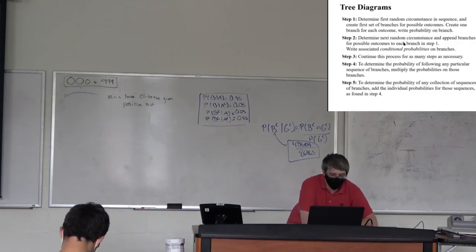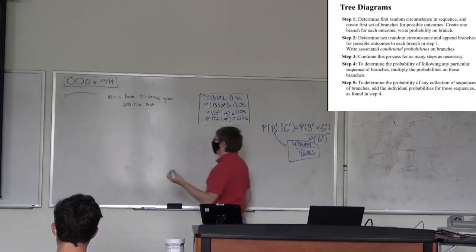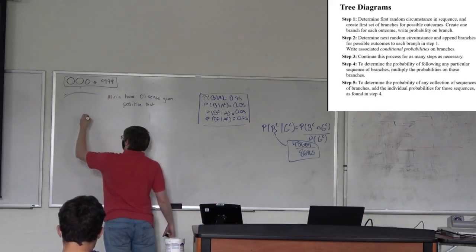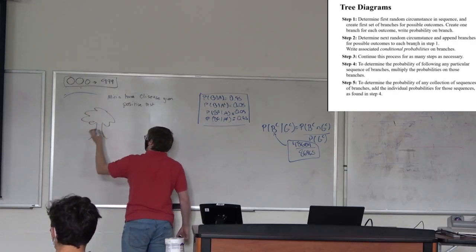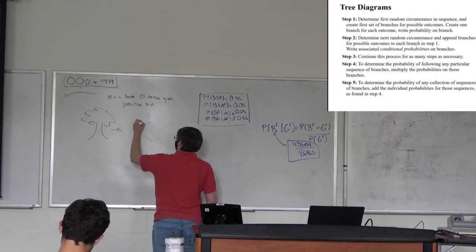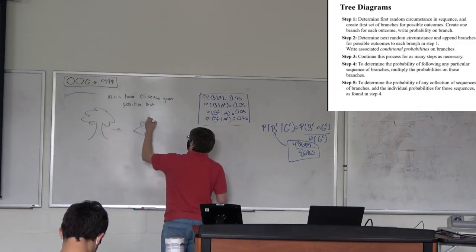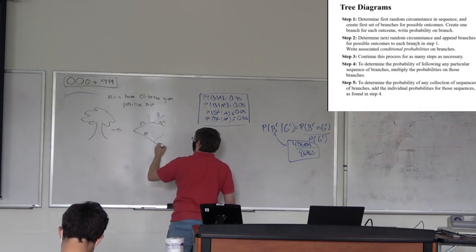Determine the random circumstance and append branches so you can keep on adding on. If you think about trees, you have a tree here, but you can think about that in terms of branches, where we have A or A complement, and then each one of these you can have B or B complement happen after that.